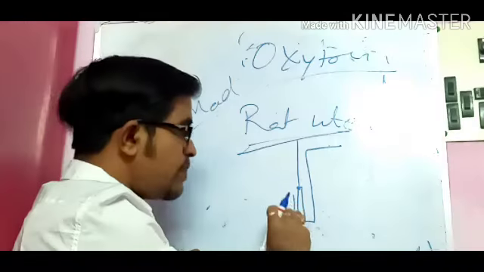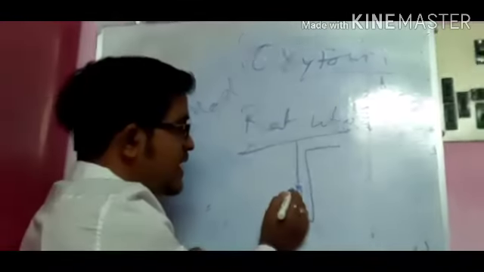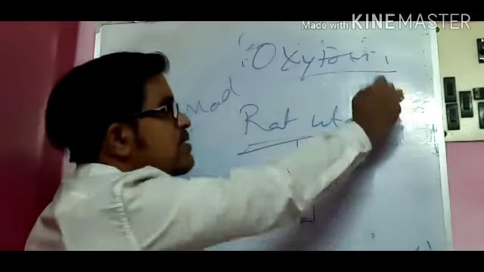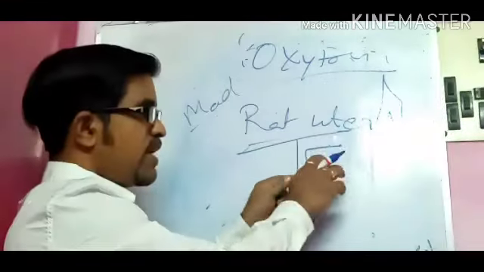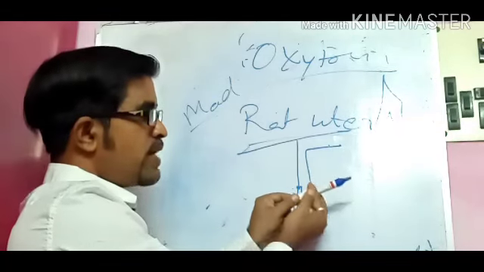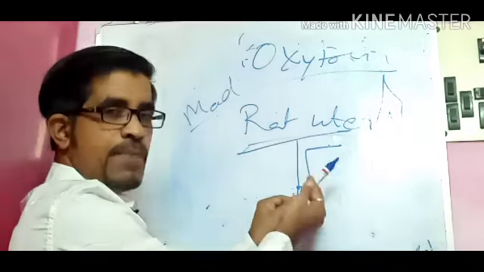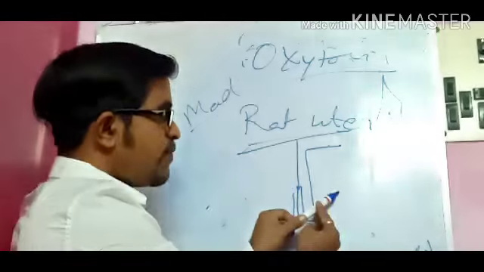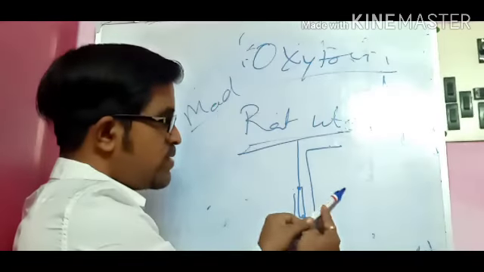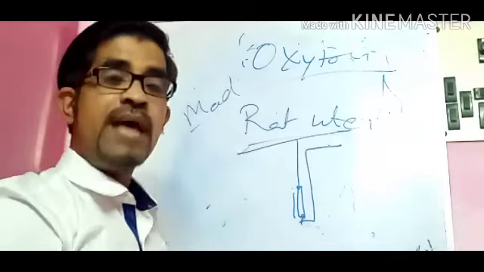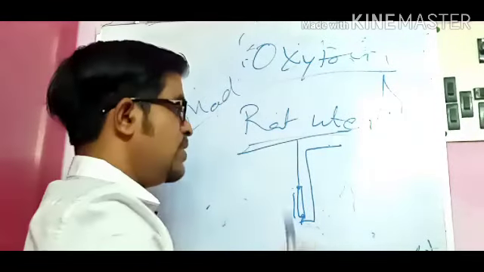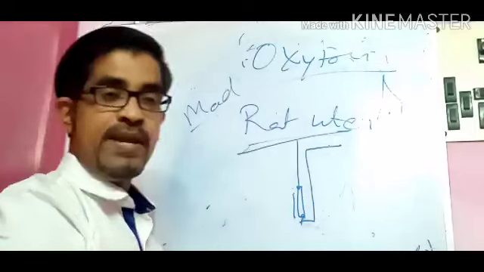If the contraction is less, meaning the muscle length is not decreasing, then the peak will be short, because it is not pulling this side. This is the lever; if you pull this side, the other side will go up, and you will get a long graph like this. So the peak will be high.